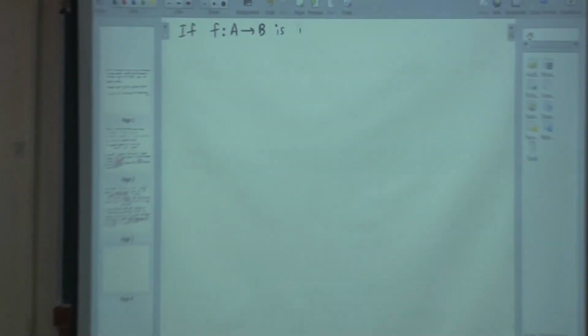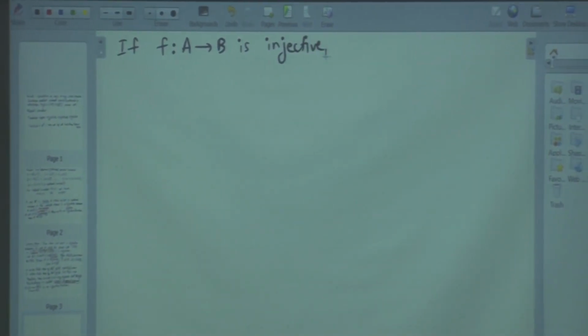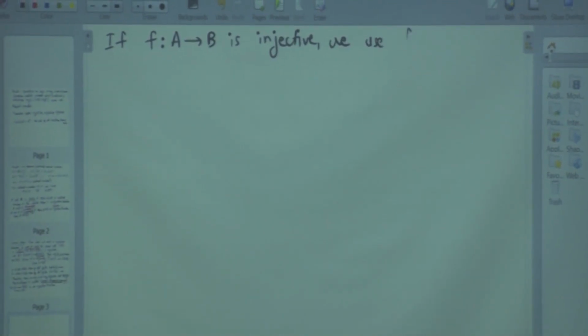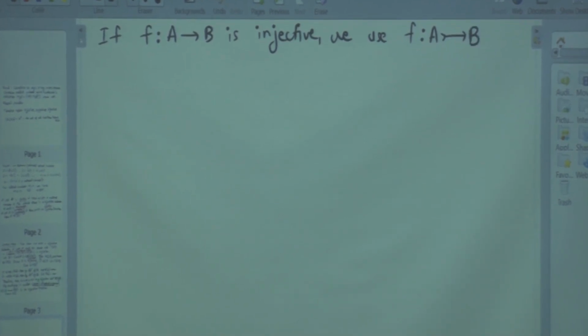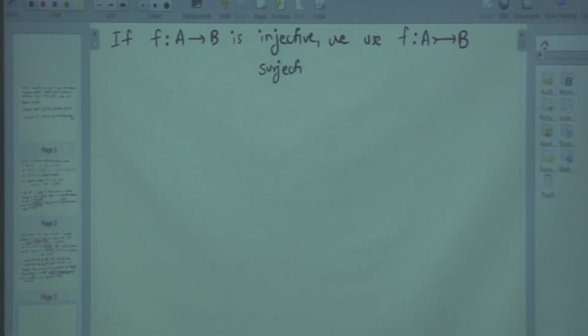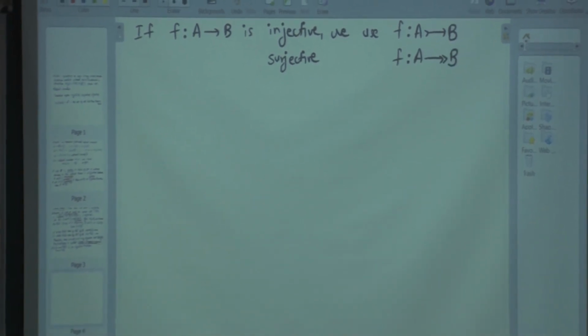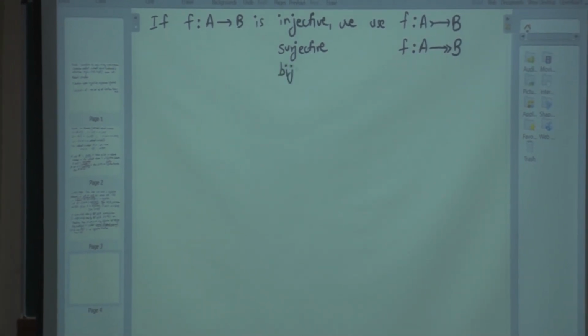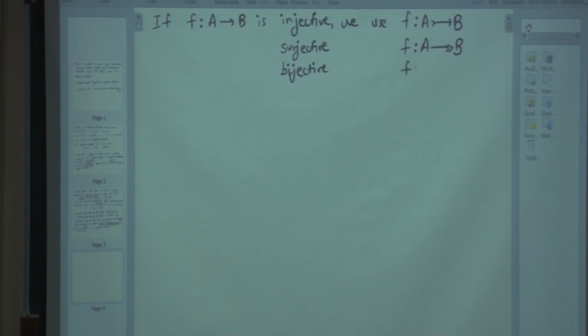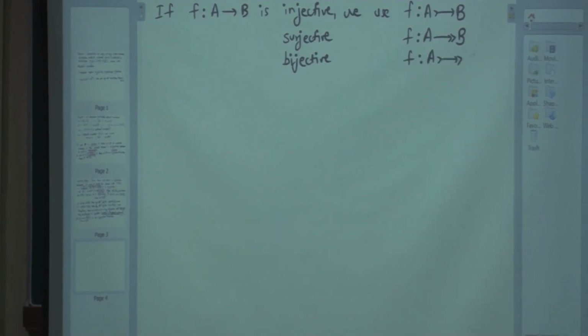If f from A to B is injective, we use f from A arrow with a tail to B. If it is surjective, then we use f from A double-headed arrow B, two-head arrow B, and for bijective, both notations simultaneously.